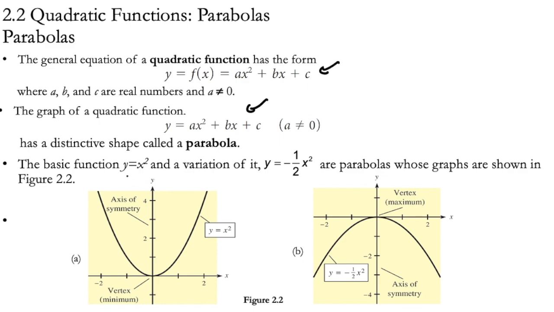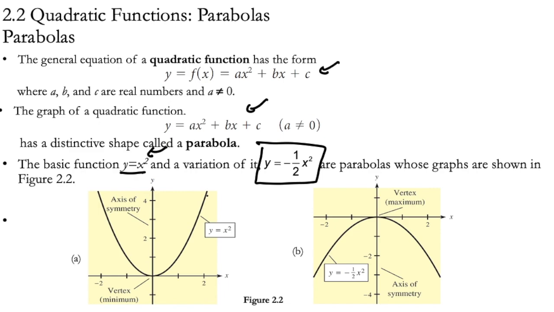And then let's say we have a specific function here, y equivalent to x squared. It is very obvious it is a quadratic function because, as you can see, the highest power, or the highest value of the exponent, of variable x here is 2. We can also have another quadratic function, that is y equivalent to minus 1/2 x squared.